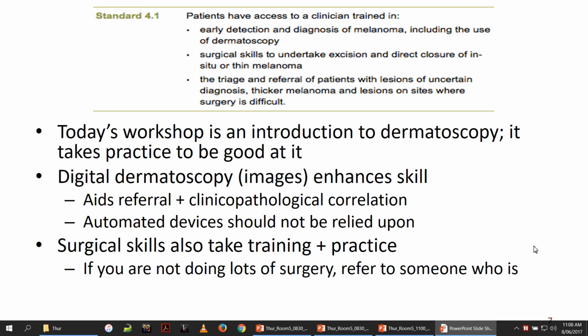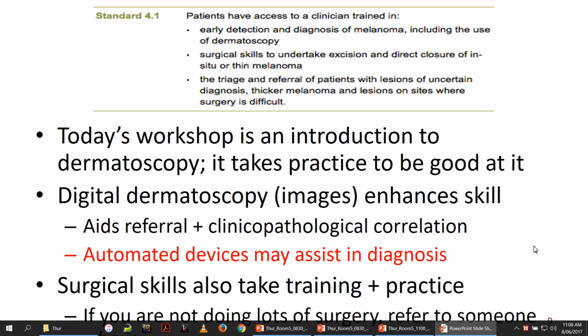The standards mention that automated diagnosis devices should not be relied upon. I have added a yet. And in fact, automated devices may assist in diagnosis. Everything changed in February this year with the publication of a paper demonstrating a machine was better than a dermatologist at diagnosing certain skin lesions, including melanoma.